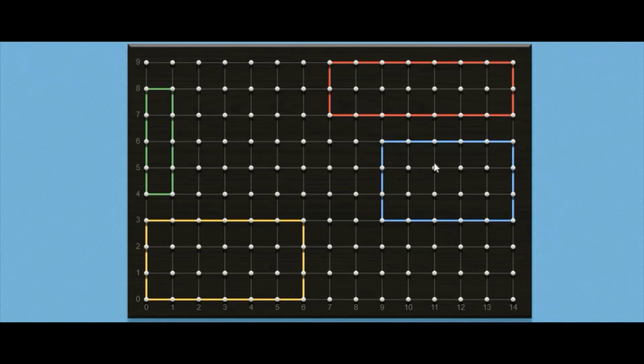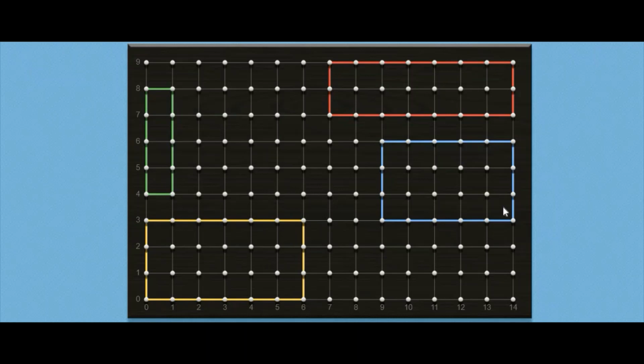What about this blue rectangle here? If we count it up, we would have 1, 2, 3, 4, 5, 6, 7, 8, 9, 10, 11, 12, 13, 14, 15. So it means that the area of this blue rectangle would be 15 square units, right?